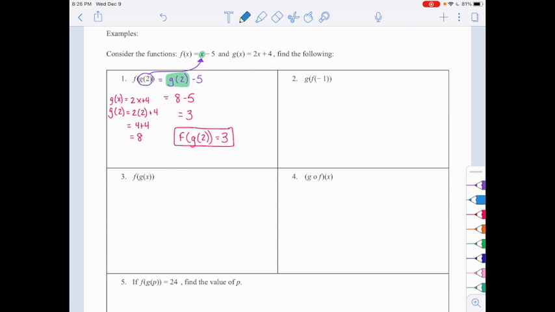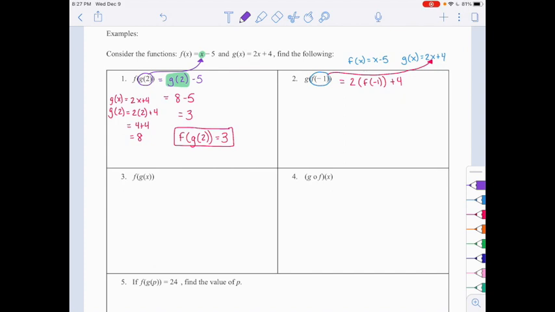In this one, I'm going to start inside out, so I'm going to take f of negative 1. I'm going to rewrite my functions over here just so I have them at quicker disposal. Right, so I'm going to take f of negative 1 and I'm going to put it in place for the x in g, right? We're working inside out, so start with the inside, go to the outside function. So this is going to become 2 times f of negative 1 plus 4.